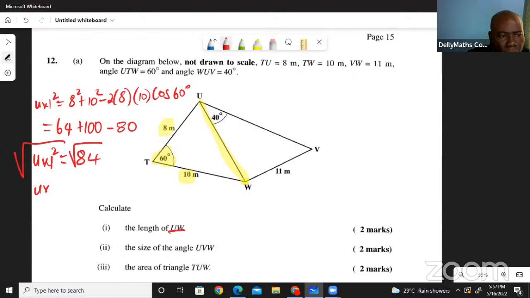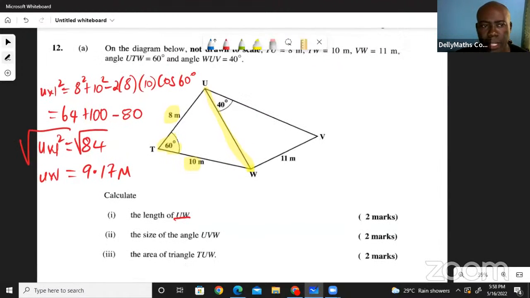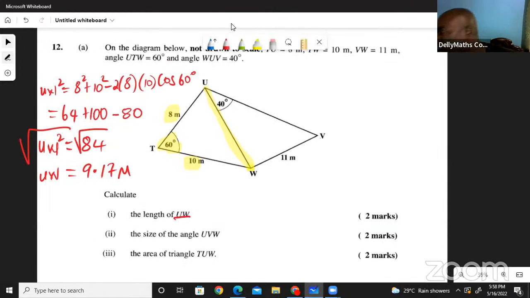So UW is going to give us root of 84, and that is 9.165, approximately 9.17 to 3 significant figures, since there was no specific instruction. So our answer is 9.17 meters there. All right. Very good. Everybody good with that? Yeah. Good with that?